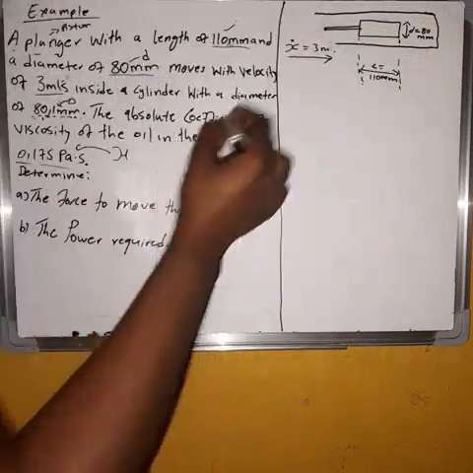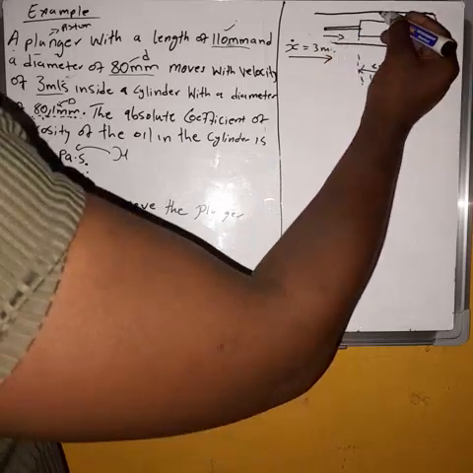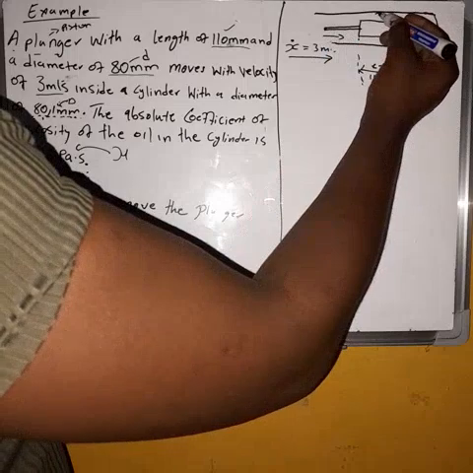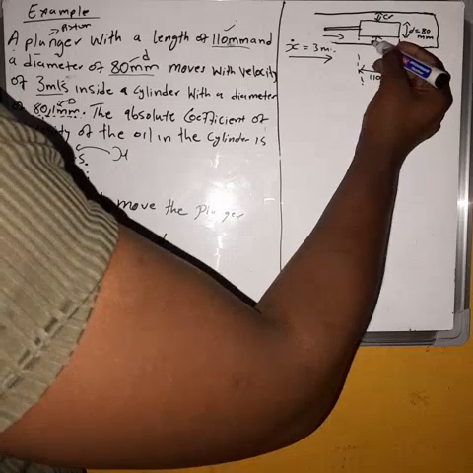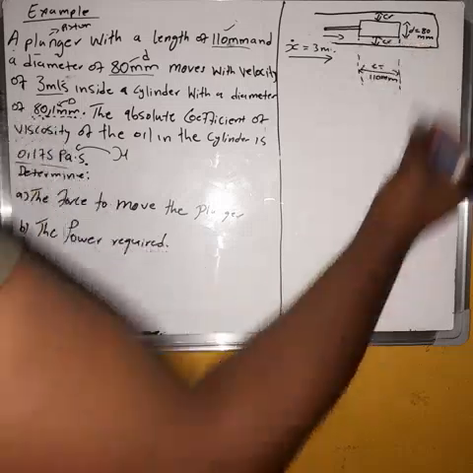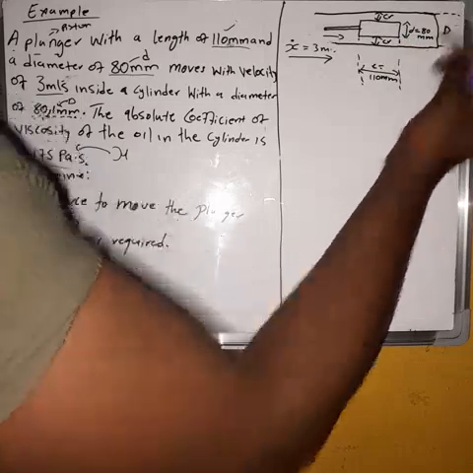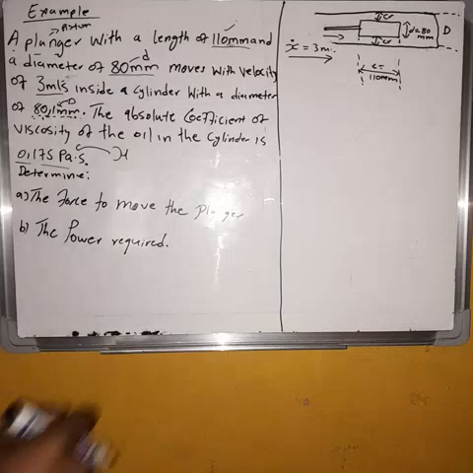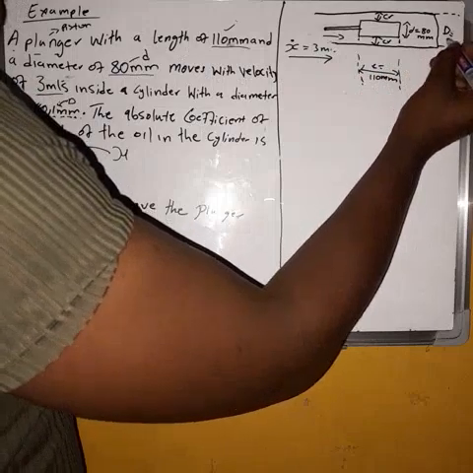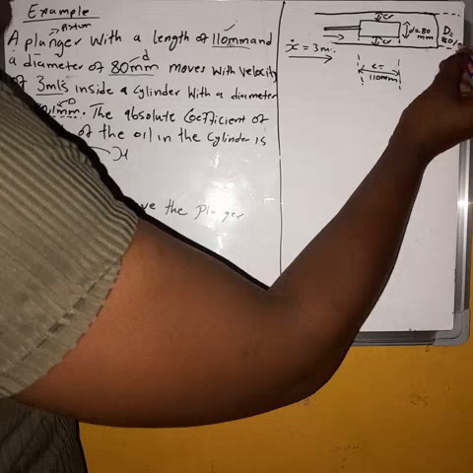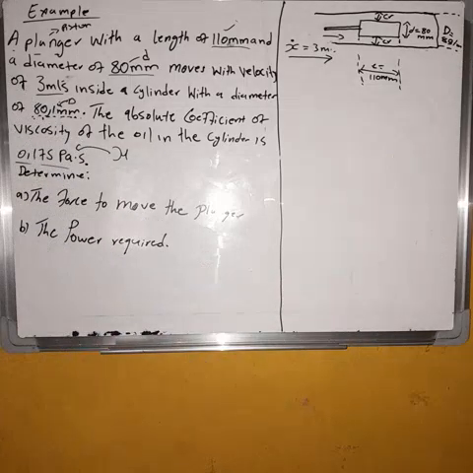This space here is the clearance. The diameter of the cylinder is big capital letter D, which we're given as 80,1 millimeter.